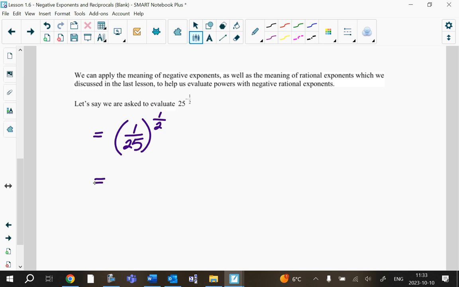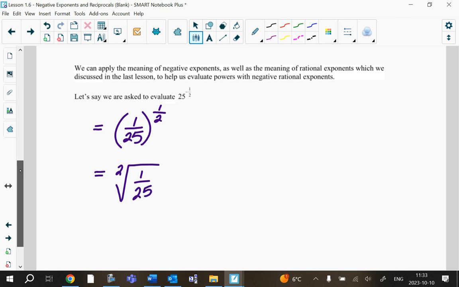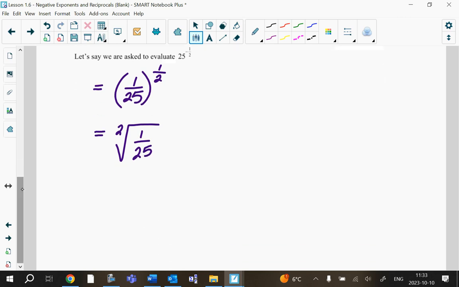Square root, and you don't even have to write the little 2 outside. 1 over 25. And what is the square root of 1 over 25? Well, it's the same as the square root of 1 over the square root of 25, which is 1 over 5.